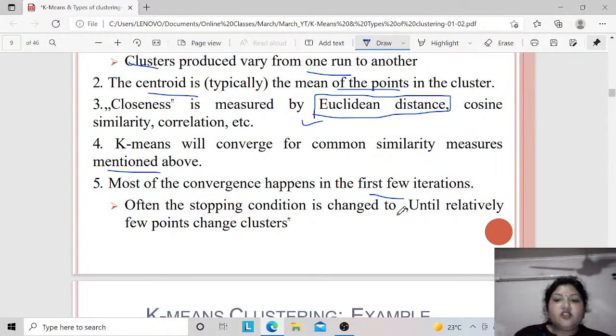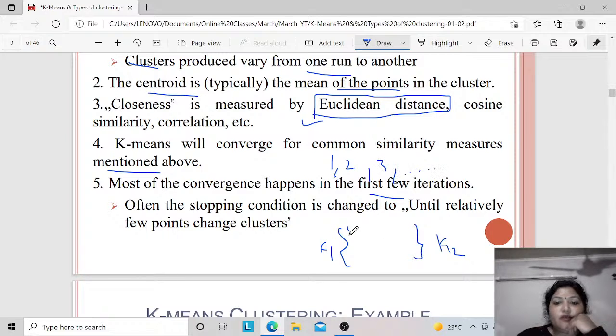Often the stopping condition is changed to until relatively few points change cluster. Suppose this is my cluster 1 and this is my cluster 2. You might have some data points like 1, 2, 3 and so on.